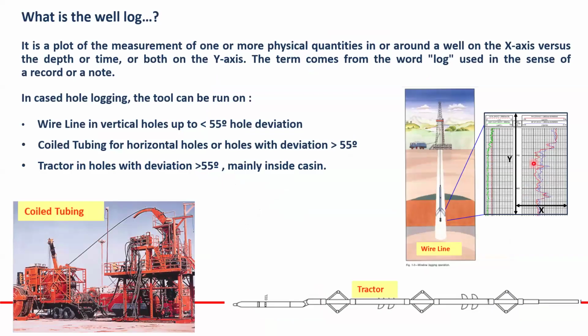The wireline tools can be conveyed into the well using three methods mainly: wireline if the well is vertical or less than 55 degrees inclination, coil tubing if it is horizontal, and tractor if the well is highly deviated, more than 55 degrees.